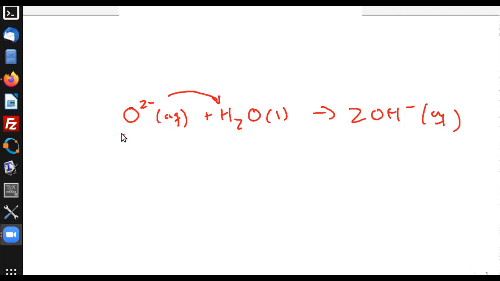So we can't have oxide ions in water, I guess. But of course you can have it on a whiteboard like this or something like that.